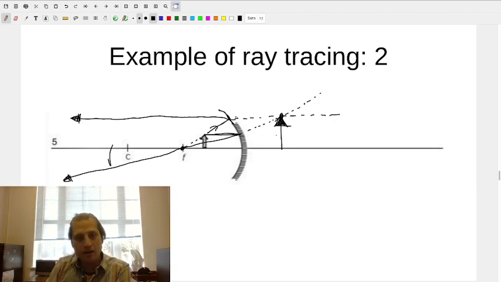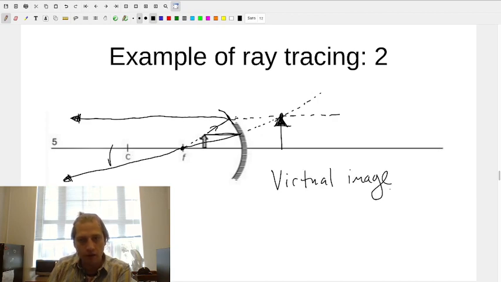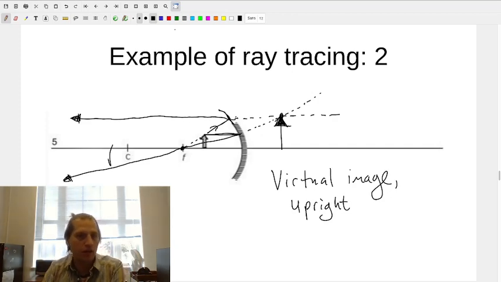Now, that's not an image that you could project on a screen, so we call that a virtual image. And it is upright, because the arrow is pointing in the same direction as the object arrow.